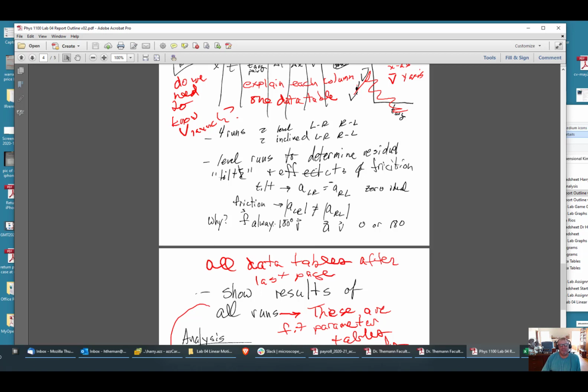The most important thing for us is that the friction we see with the track level is much less than what we see when it's tilted. And I also just realized why that's true. Think about it, when a track is tilted, the sled's going to go much faster. So that tells us, wow, you know what that tells us, guys, that the air friction was the dominant friction and not the friction of the track.